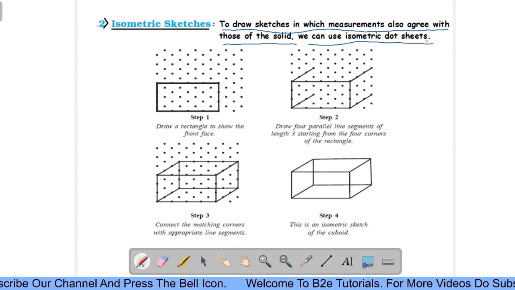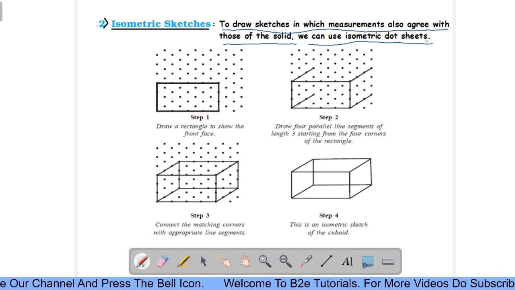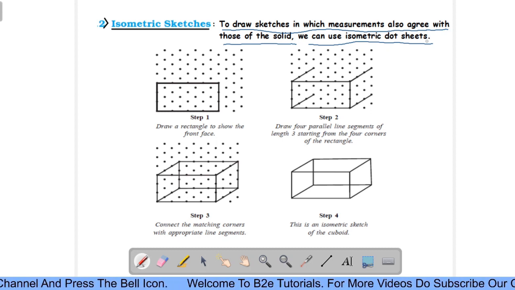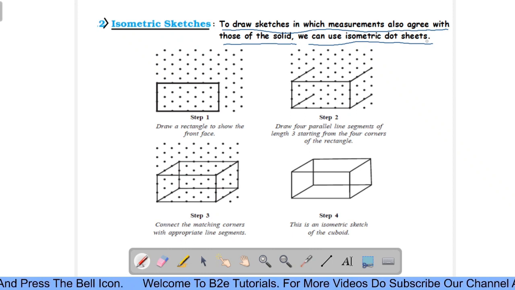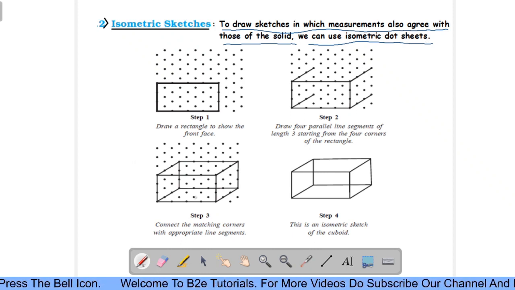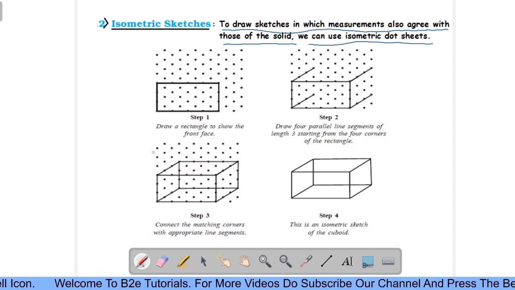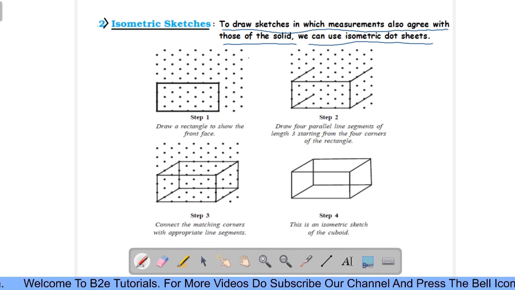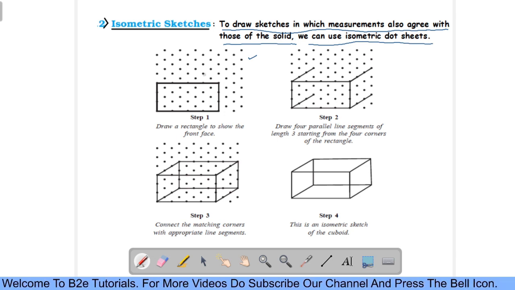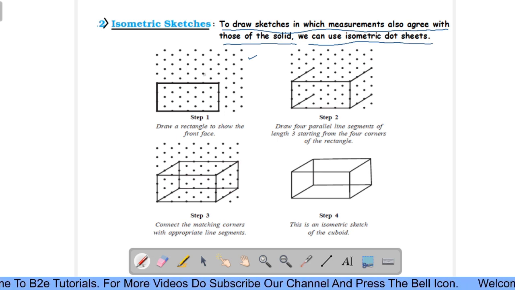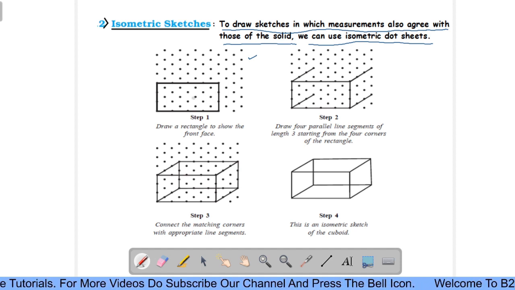For example, if you draw a rectangle in an isometric sketch, then you have to use dot papers. The dot papers are this type of papers in which dots are there like this, and these dots have a special characteristic. That is, if you join any three dots, you will get an equilateral triangle.